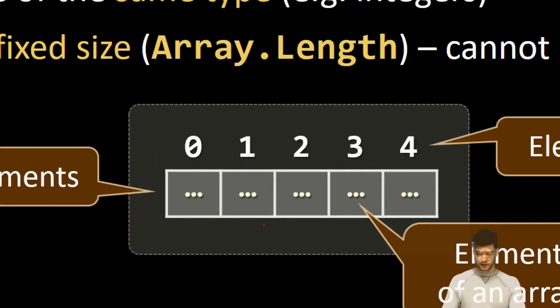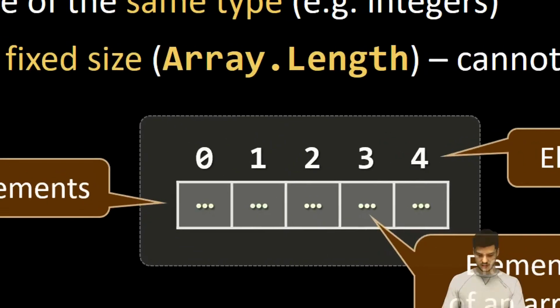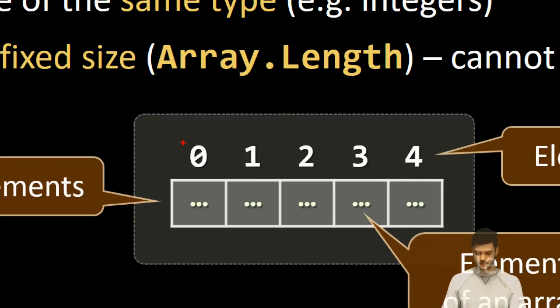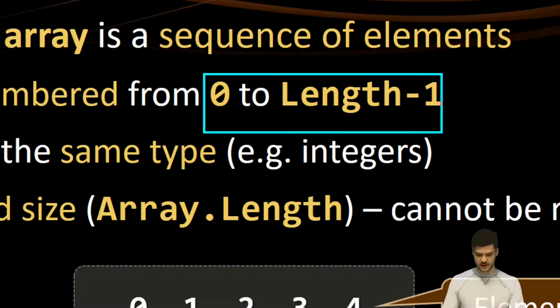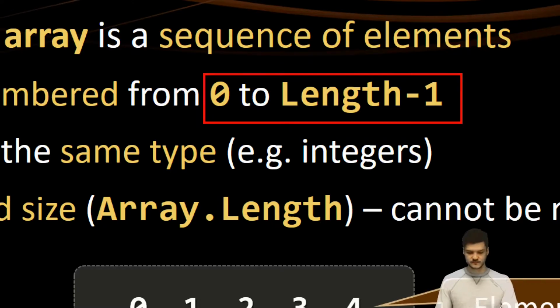Something very important is that indexes start from 0, not from 1. That's why the elements are numbered from 0 to length minus 1.